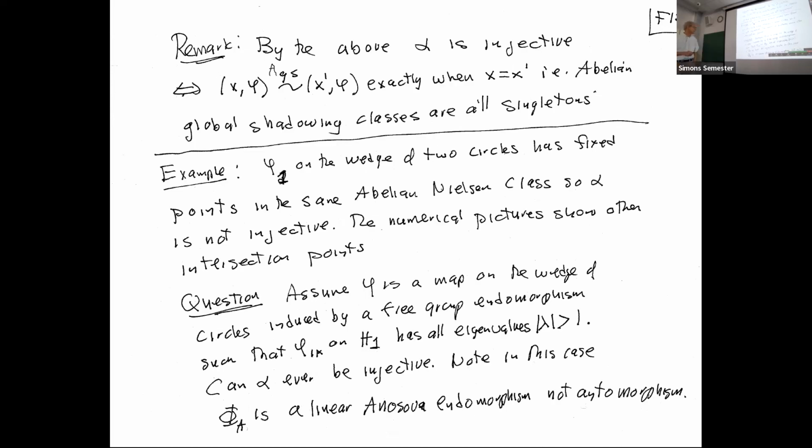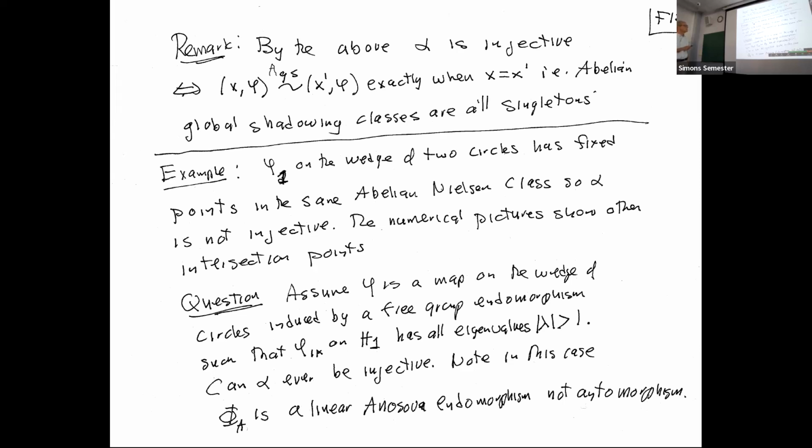So what this has to do with what I've been telling you is that the whole program can be reframed in terms of global shadowing. Remember, alpha is injective if and only if the image of alpha is exactly detecting global shadowing.